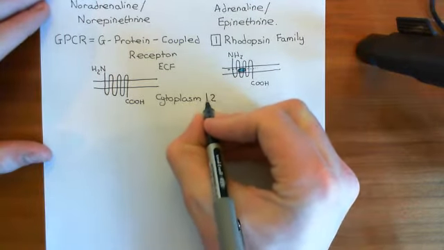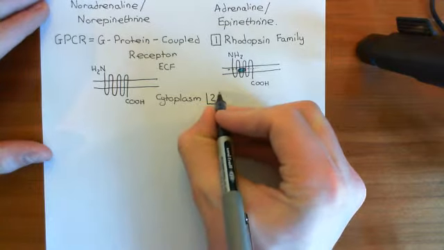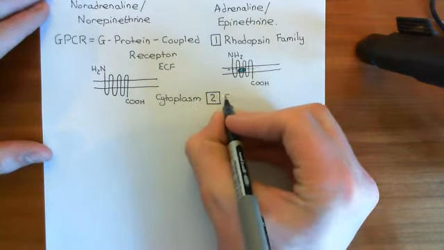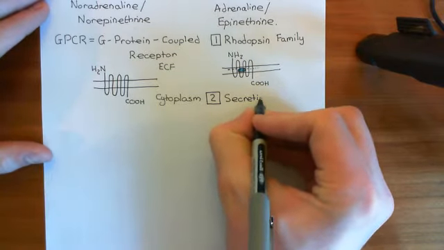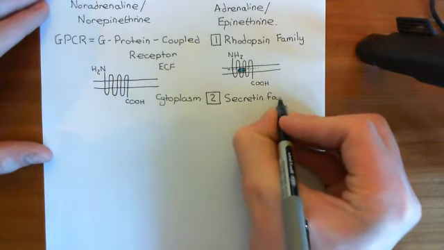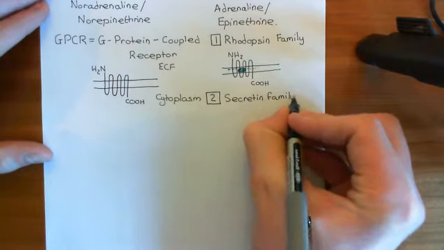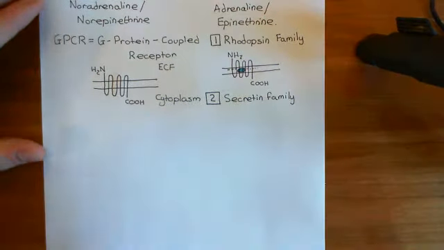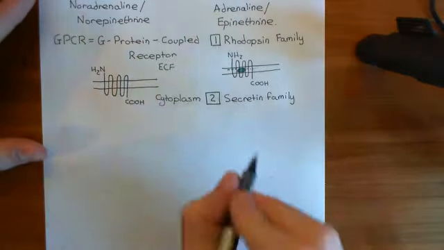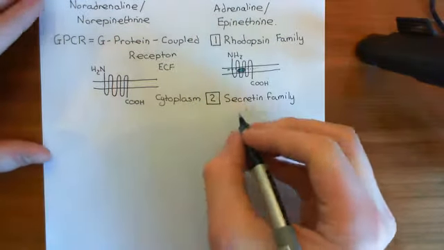Family 2 then. The second family of G protein coupled receptors is what's known as the secretin family of G protein coupled receptors. Now the secretin family contains many receptors which generally have peptides as their ligand. Okay, so the ligands for these receptors that are in this family are generally peptides, but that's not the characteristic feature that they all share.